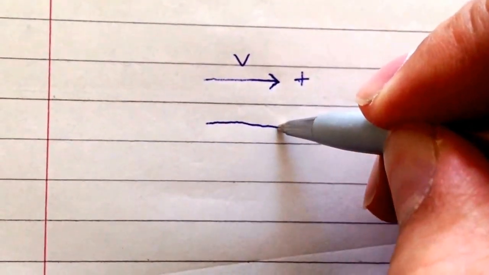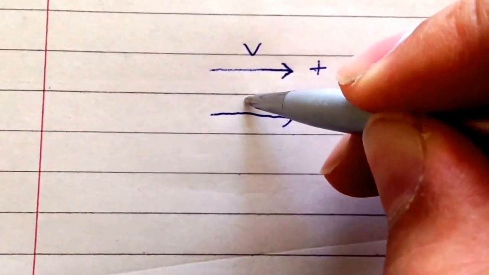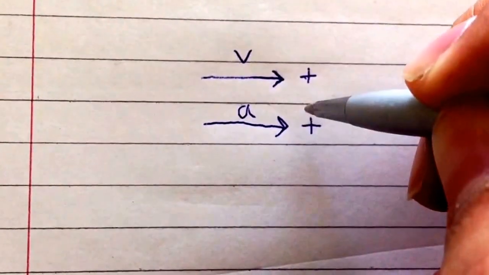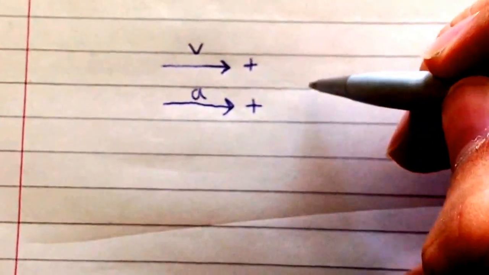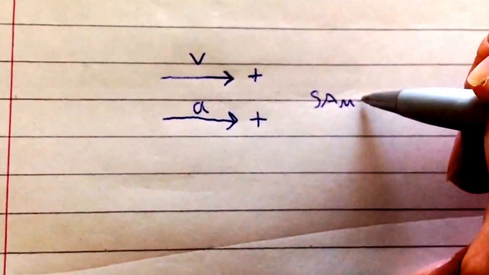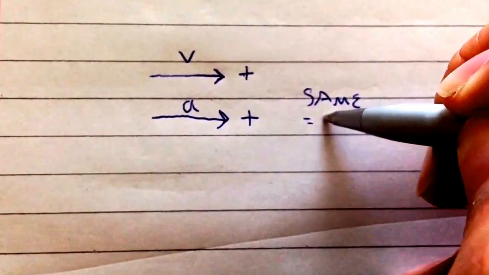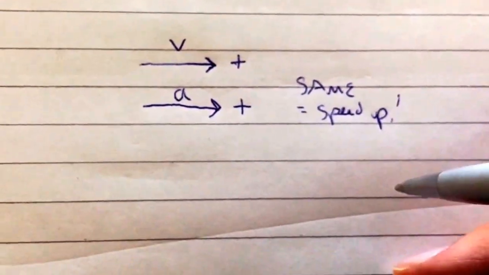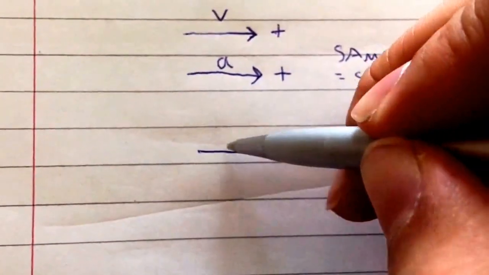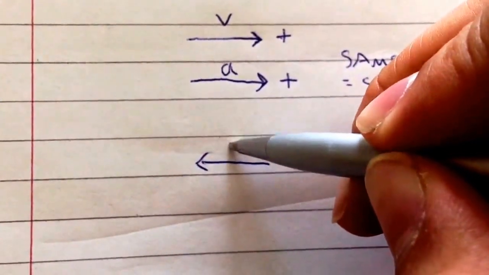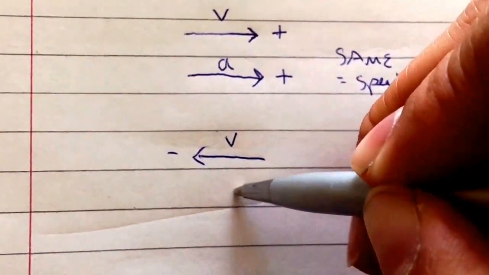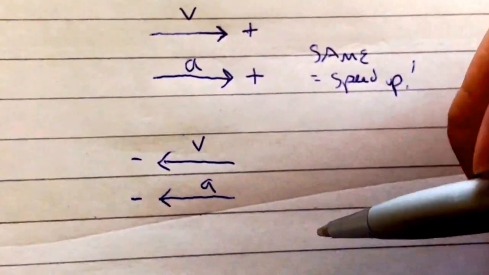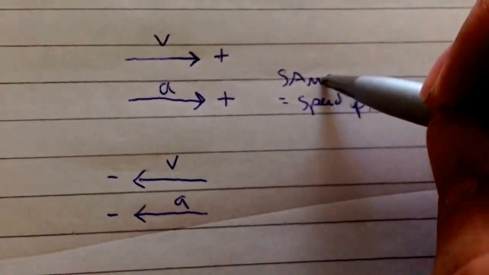And if the acceleration, we'll call it A, is also in the same direction, so if they're in the same direction, that means it's speeding up. Okay? So for example, they could both be going minus. Velocity is minus and acceleration is minus. That would also be speeding up.